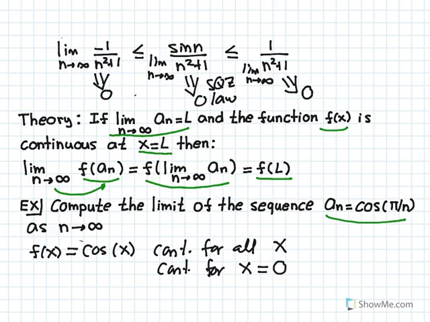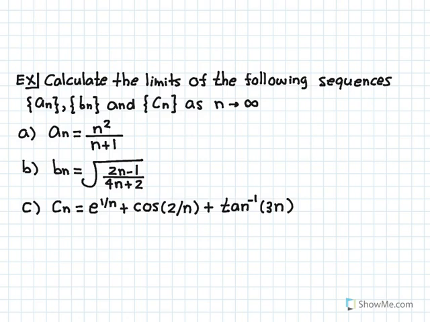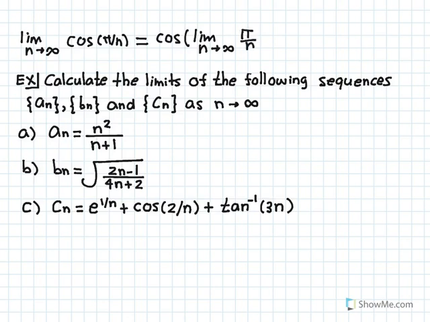All right, so basically what we have is the limit as n goes to infinity of cosine of pi over n. Bring the limit inside the cosine bracket. So we get cosine of the limit as n goes to infinity of pi over n.